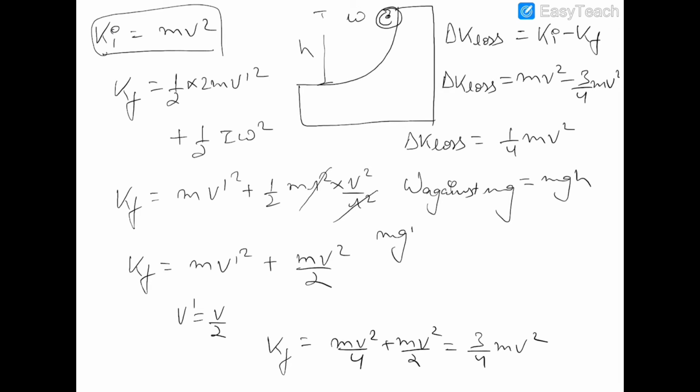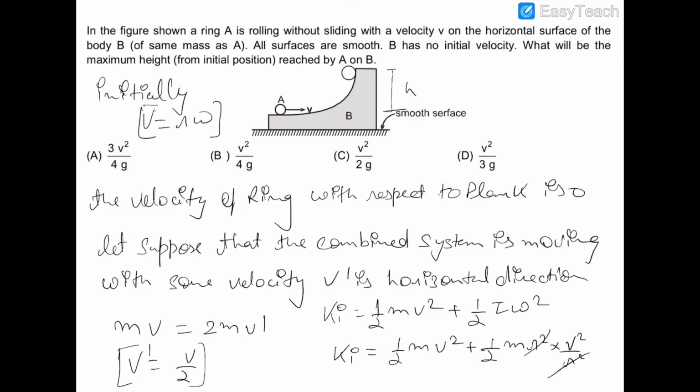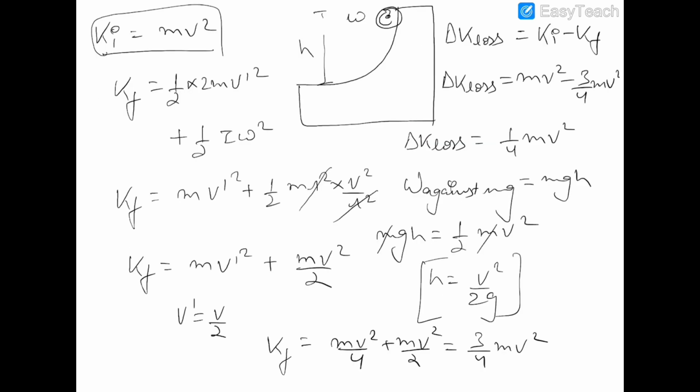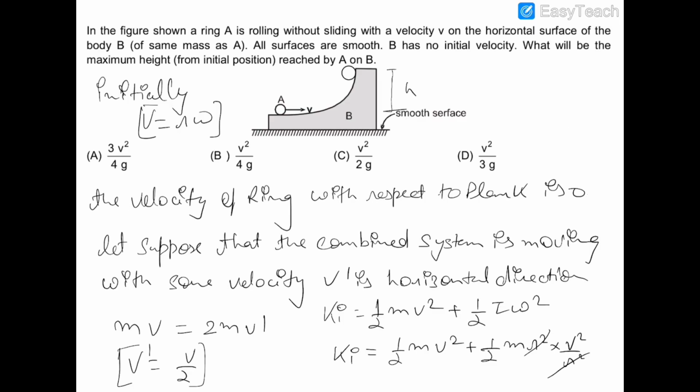So mgh is equal to 1 by 4 mv square, because we have calculated that loss to be 1 by 4 mv square, and therefore this height would be v square by 4g.